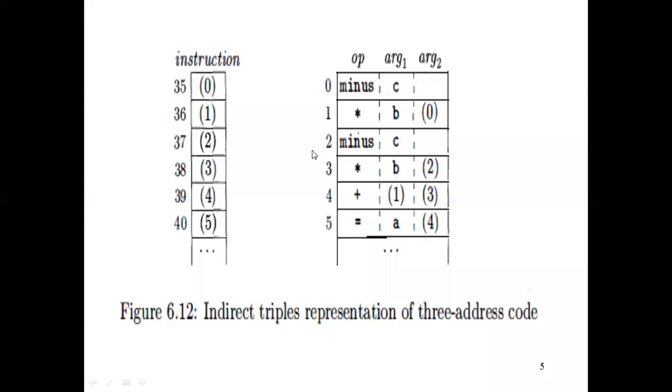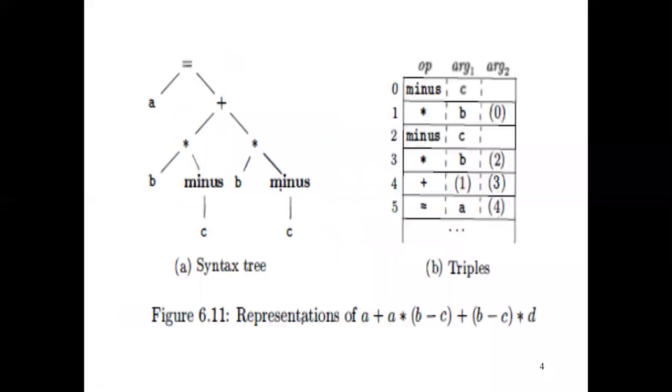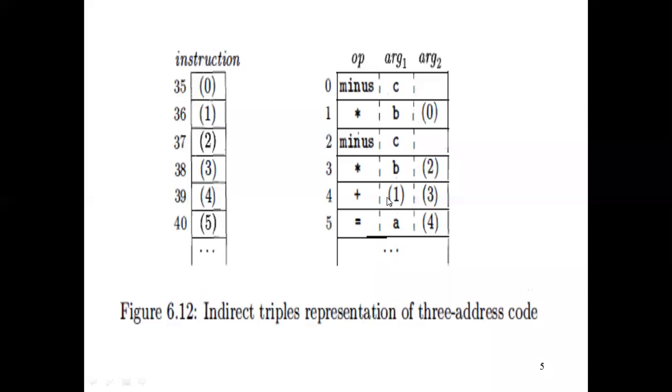Now this is called the indirect triples. Indirect triples, you can see, is the same thing. You will use the same table, and there is no difference for the indirect triples. You will draw the same table, but here you also draw a single column and write instructions there.